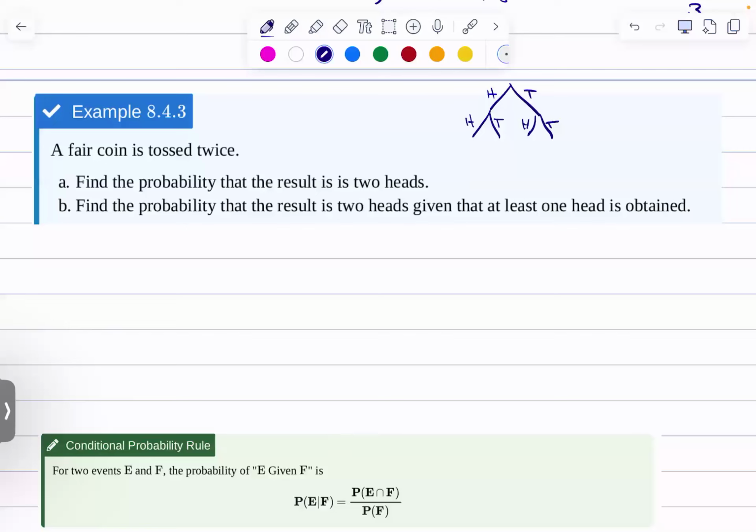So from here, my sample space is going to be heads heads, heads tails, tails heads, tails tails. Right, 4 possible outcomes. If I want the probability of 2 heads, that's head, head. That's only 1 of those 4 possible outcomes. So I have 1 in 4.